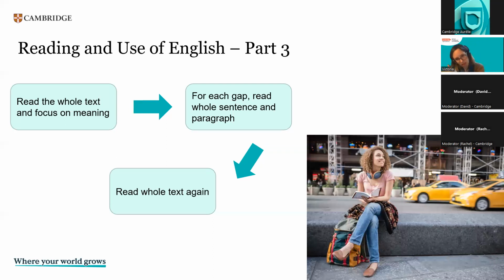Once we have done this for each of the gaps and we have all the answers, it's a good idea to read the whole text again quickly, so we can check that the words that we have chosen really make sense when we are reading the text.